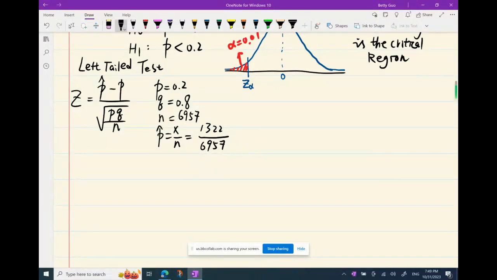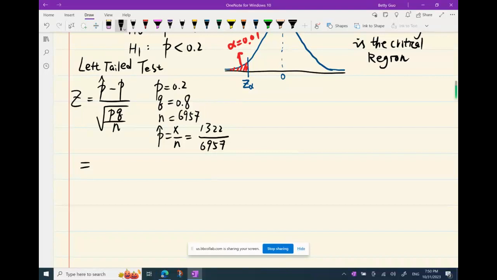If we plug in all those values, we will have a z-score. Let's see what the z-score is equal to. Do you have your calculator ready? In the main page of the calculator, I would enter 1322 divided by 6957, and then enter.